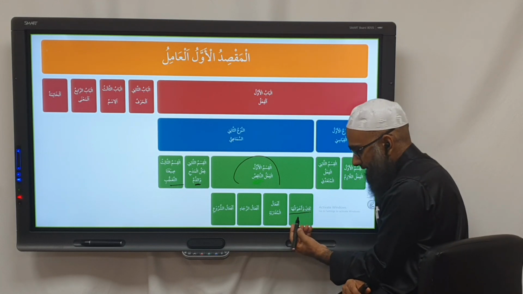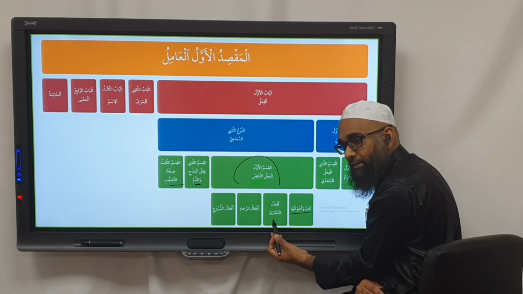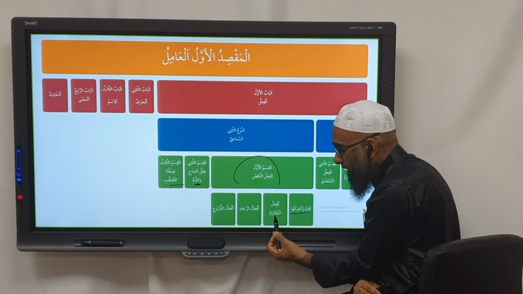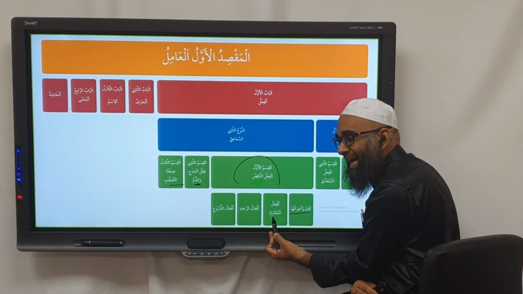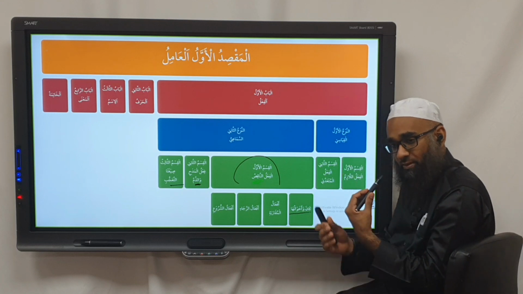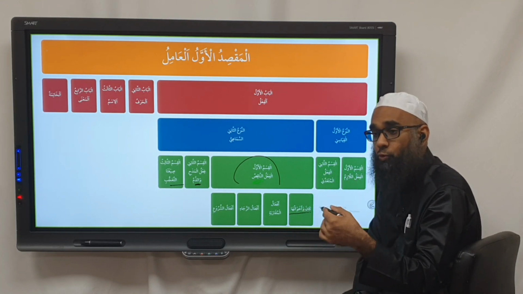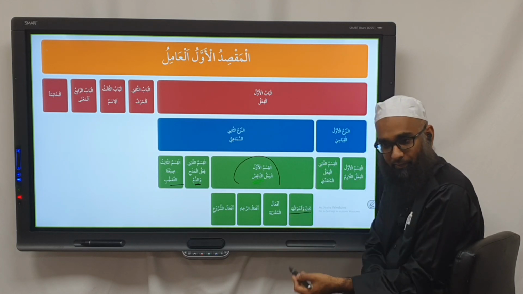After that we have af'alul muqarabati. What does qareeb mean? Close. So af'alul muqarabati are verbs that show the action is close. When this fa'lu naqis comes before the mubtada and khabar, it shows about to, going to, soon.